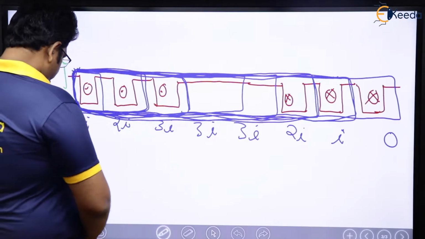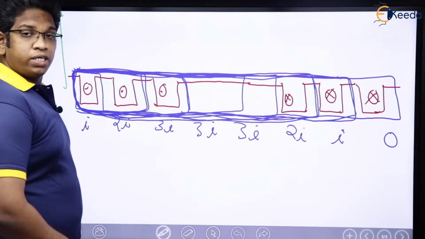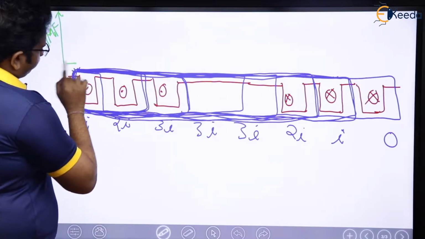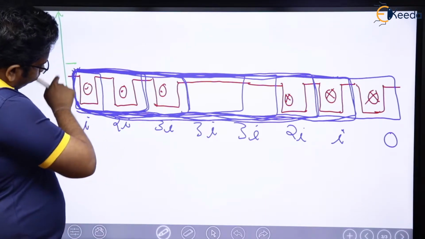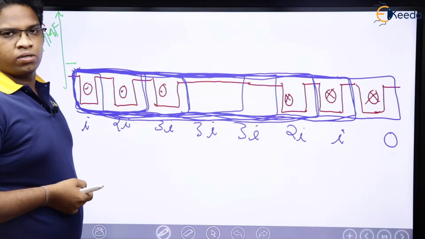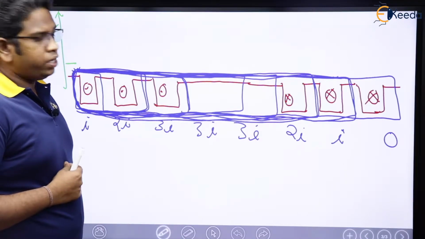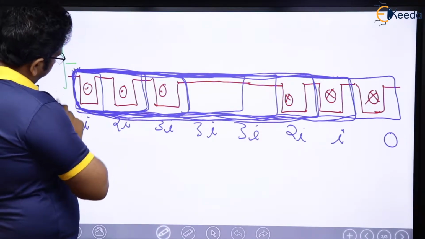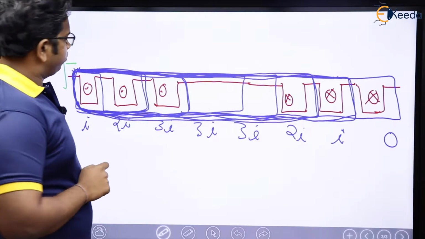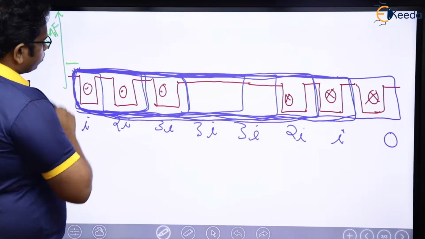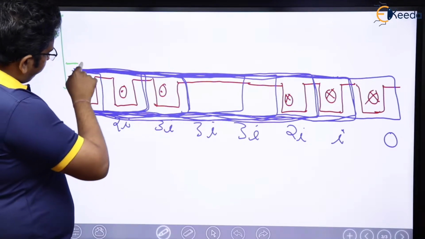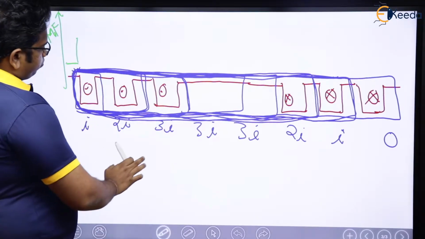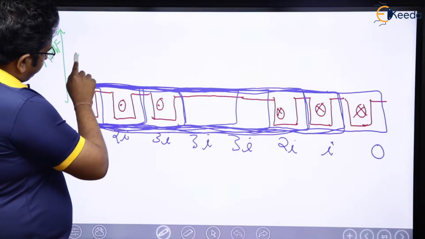Right? So let us draw the MMF waveform. From here to here, it is absolutely going to be 0, because if you have a closed path here, 0 current is enclosed, 100%. Now see here, this is going to be 0 MMF. From here to here, this is I, like this.